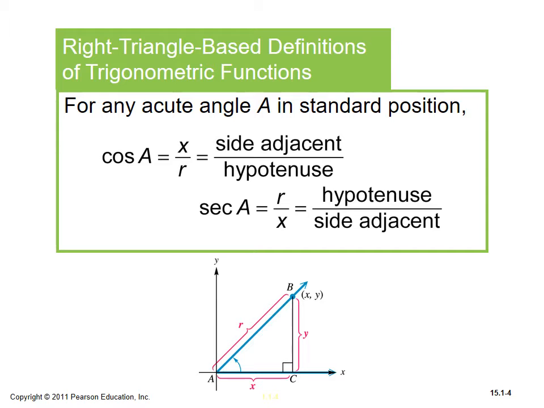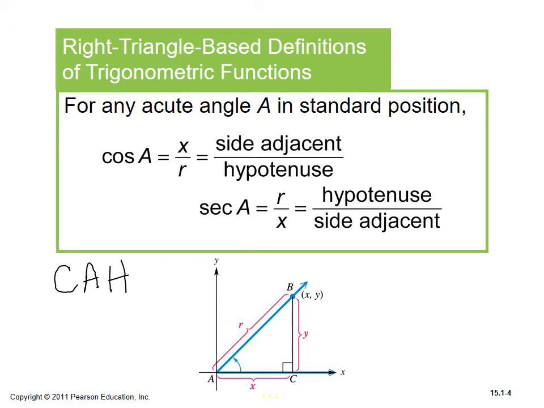Cosine of A is equal to the adjacent over the hypotenuse. So we use the code word CAH, C-A-H. The secant of A is the reciprocal of that, so that would be the hypotenuse over the side adjacent. Now I know what you might be thinking.